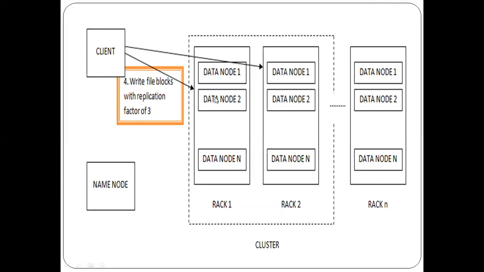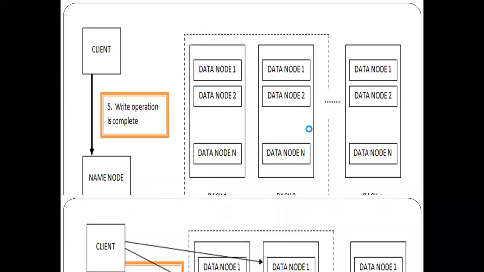Remember that two replicas of a block are stored in the same rack. In the sense, a single data block is replicated 3 times, right? Two replicas are stored in the same rack. The third replica is stored in another rack, because if any rack failure occurs, the data block can be recovered from another rack.